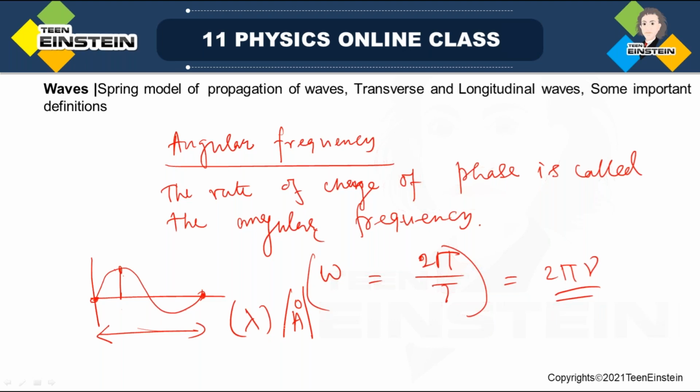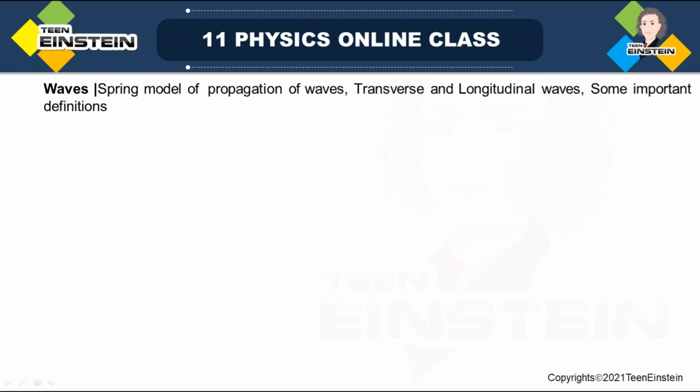Okay, and if we take the reciprocal, wave number is denoted by nu bar. It is the number of waves present in a unit distance.